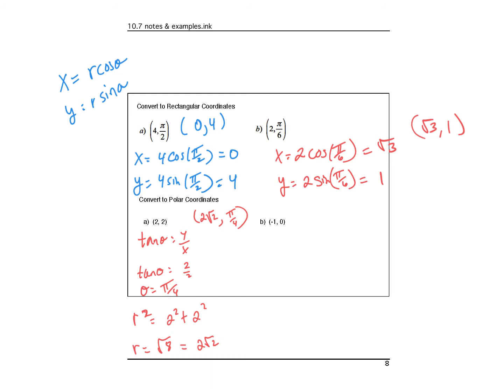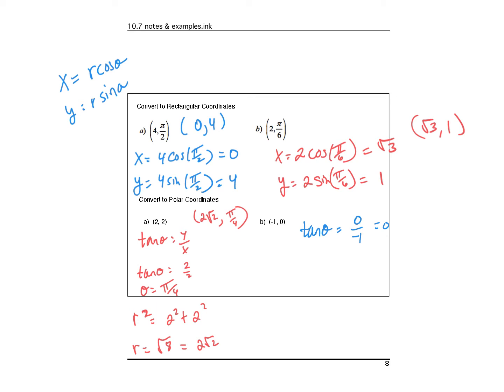Good. All right, last one, (-1, 0). All right, so tan theta equals 0 over -1, which is 0. Okay. We think about where that's located, right?